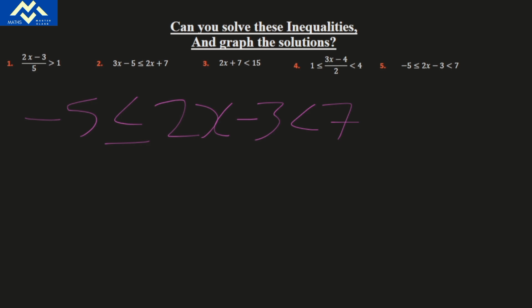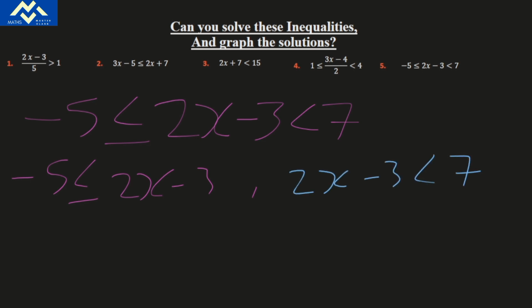Since there are two inequality signs, we'll first separate them into two simpler inequalities. So we have -5 less than or equal to 2x minus 3 and 2x minus 3 less than 7. Let's solve the first one. Our goal is to get x on its own. Add 3 to both sides.